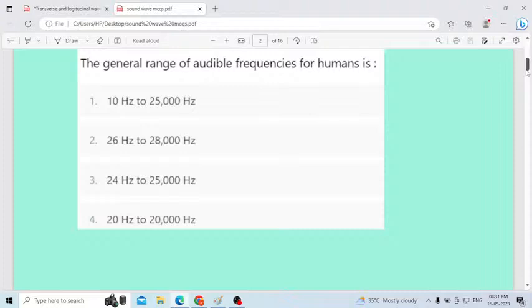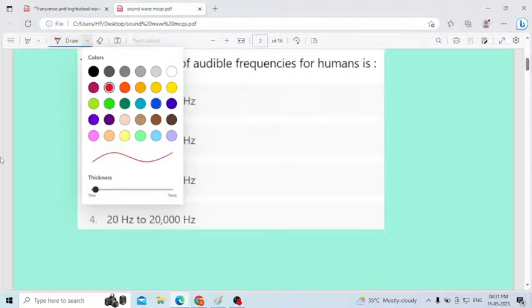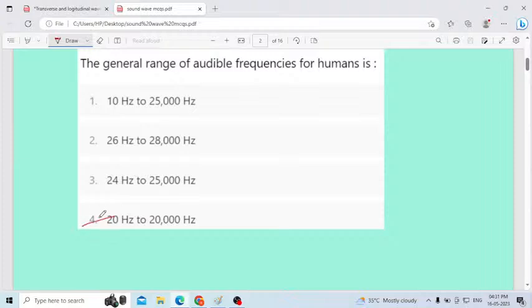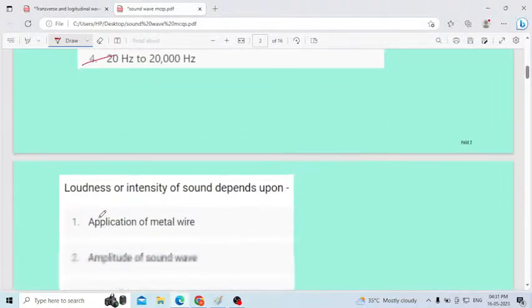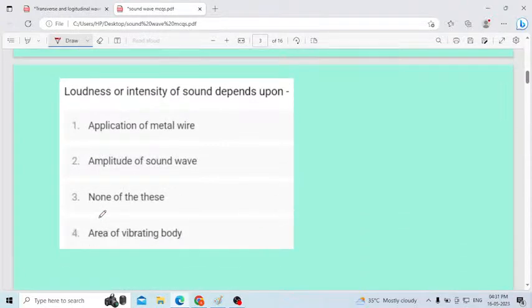The general range of audible frequency for humans is 20 hertz to 20,000 hertz. Loudness or intensity of sound depends upon what?